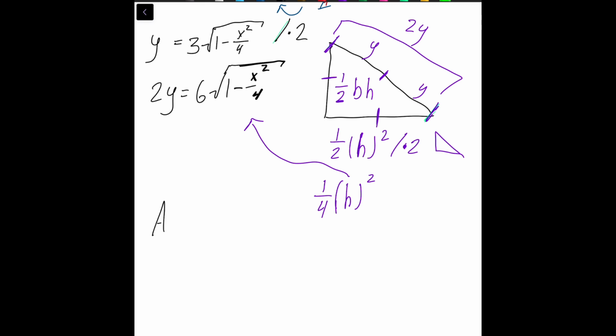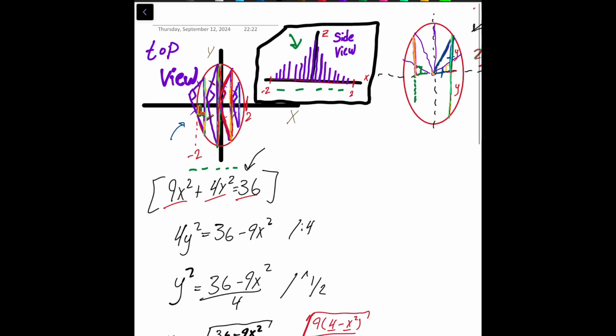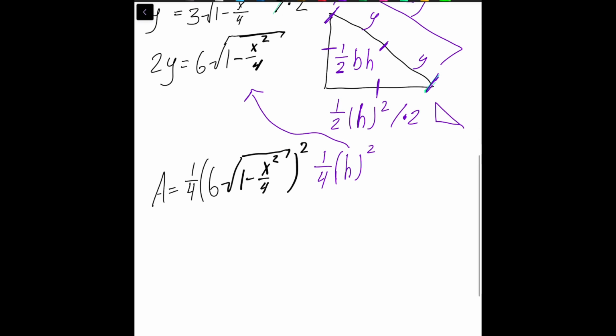Therefore, we see that the area of one of our isosceles triangles that makes up the base of our region here is 1 over 4 times (6 times the square root of 1 minus x squared over 4), squared. Awesome. So now I'm going to simplify this a little bit.